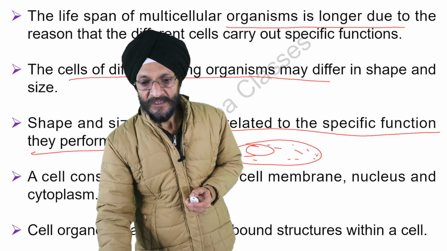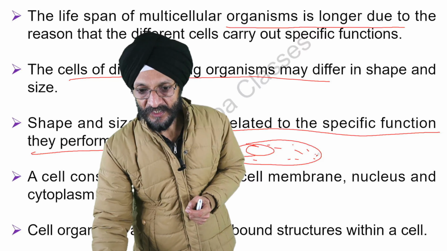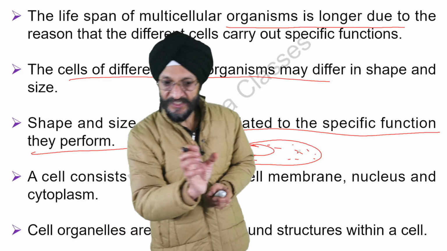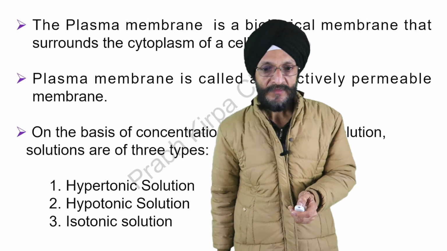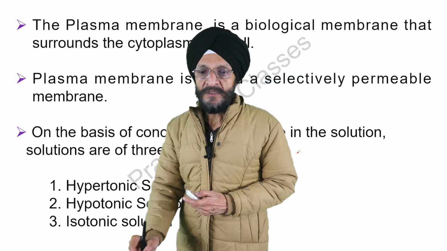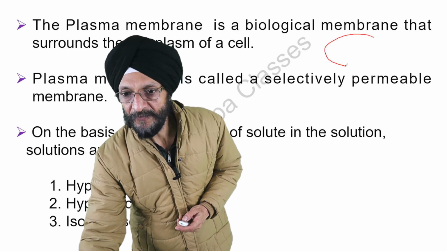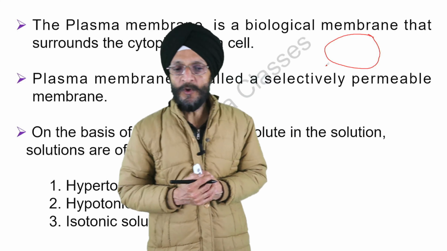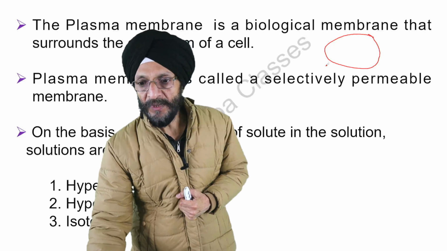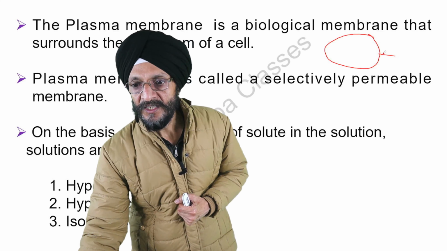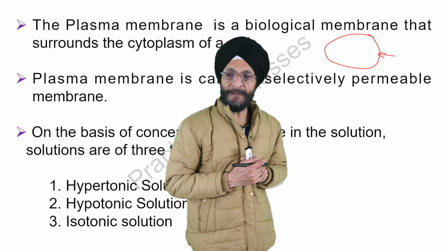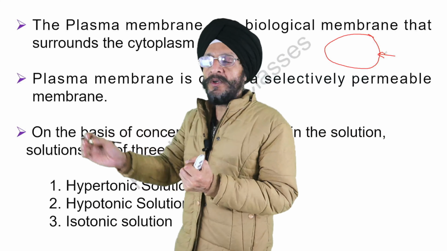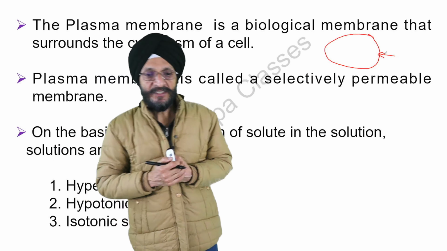Cell organelles are the membrane-bound structures which are found in the cell, the various structures which are found in the cell. The plasma membrane is a biological membrane which surrounds the cytoplasm of a cell. Plasma membrane is also known as selectively permeable membrane because it allows only selective material to go in and out of the cell.